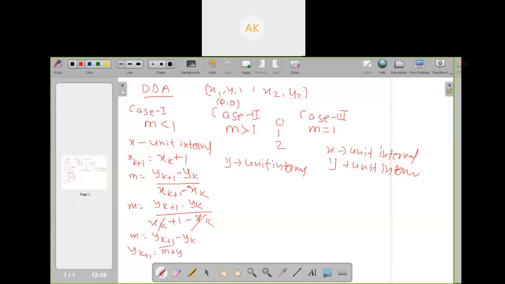So what will be the next point when m is less than 1? xk plus 1 moves in unit interval, and yk plus 1 changes by m, or you can say yk plus m. When you move in a unit interval along the x axis, y changes by the slope: the previous value of y plus m gives you the next y.